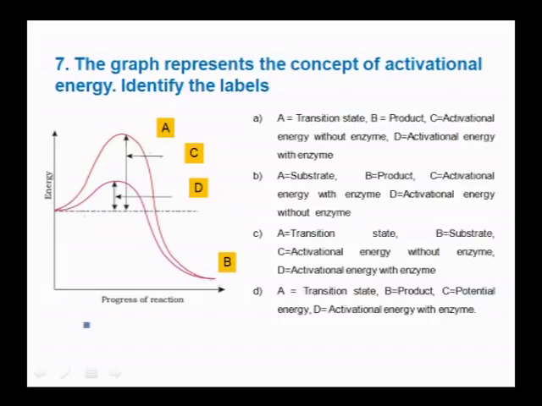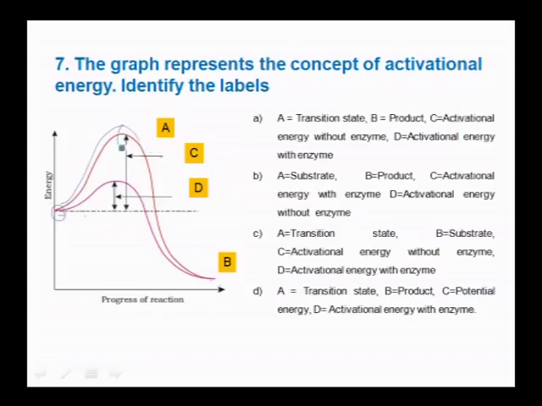So just remember, this graph is indicating the following component. The graph here is having the substrate which is entering into the reaction, and the graph is indicating two conditions. The graph which is having a highest peak is associated with the rate of reaction and potential energy required for that when a reaction is not making use of the enzyme.